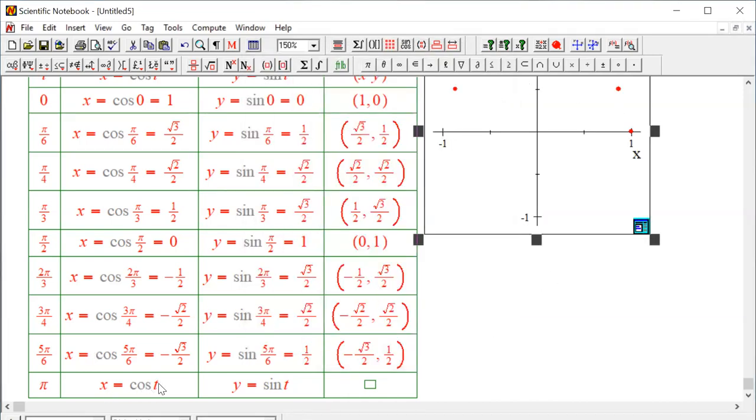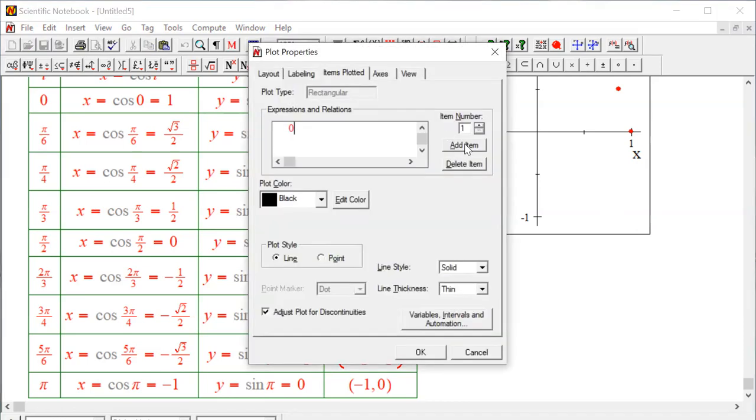And cosine pi is negative 1. Sine pi is 0. Okay, so we get another point, which is negative 1, 0. So we put this point on the chart.